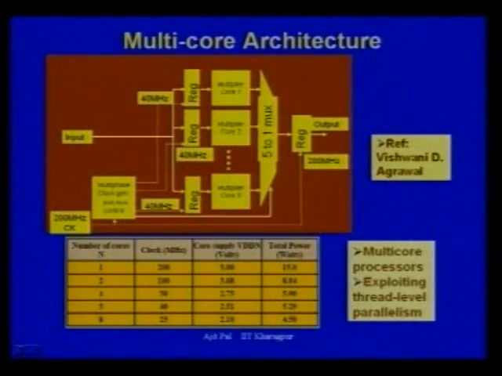In fact, low power is a driving factor towards multi-core architecture, and this is the basis for it. That means using multiple cores, instead of increasing the frequency, we are keeping the frequency the same, but using parallelism we are trying to achieve the performance, and power dissipation is lower, as I have demonstrated with this simple example. Is it clear?